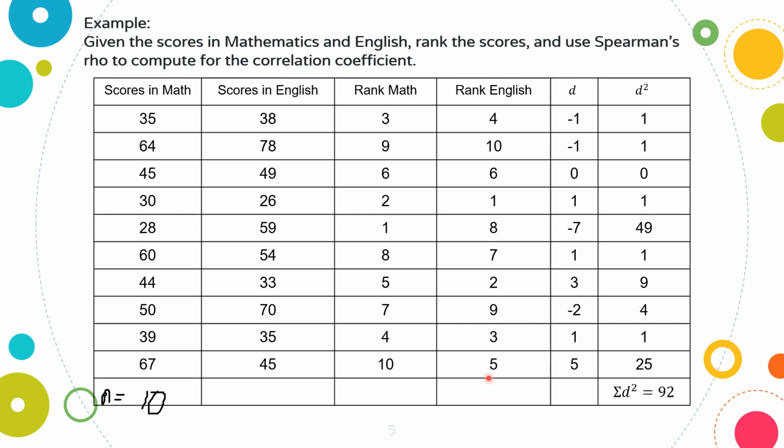Okay. Let's see if we get the same 92 if we use ranking from highest to lowest naman tayo, wherein the number 1 is the highest and the lowest will be the last.